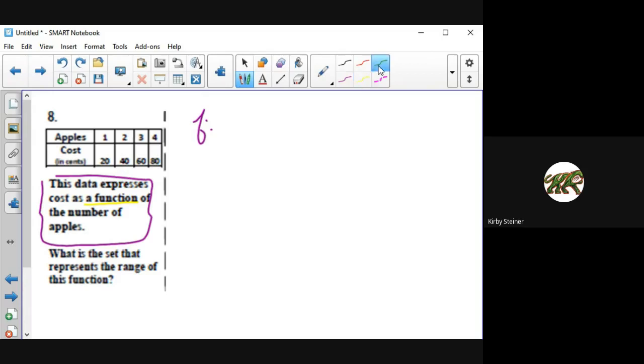So it's a function between apples and cost, so we can say f is a function that maps from apples to cost. And we want to know what is the set that represents the range of this function.